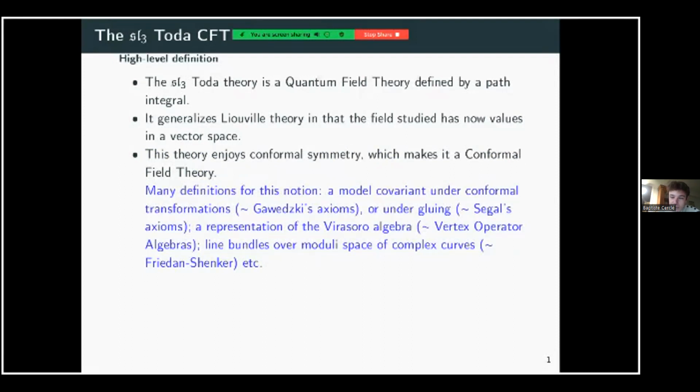For us, you can think of this model as behaving nicely under reparametrization of the sphere, which is a way of rephrasing the Belavin-Polyakov-Zamolodchikov axiom, which says that a conformal field theory is a model covariant under conformal transformations. But there are many other ways of defining a conformal field theory, whether concerned with geometrical operations, such as gluing of surfaces, which resemble the Segal axioms, or more algebraic or geometric ones.